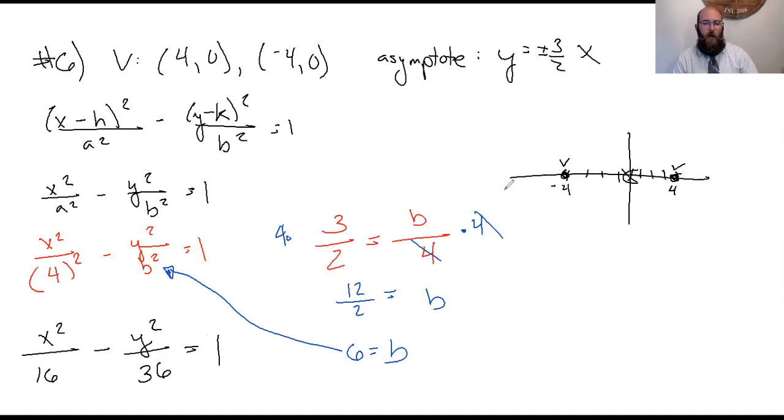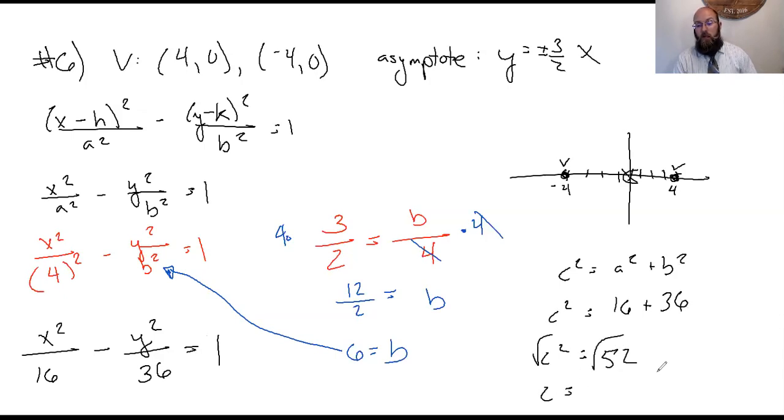And if I wanted to find out what my foci are, I would have c squared equals a squared plus b squared. So c squared equals 16 plus 36. C squared equals, what's that, 52. I would take the square root of both of those. So c equals square root of 52. Does that simplify?